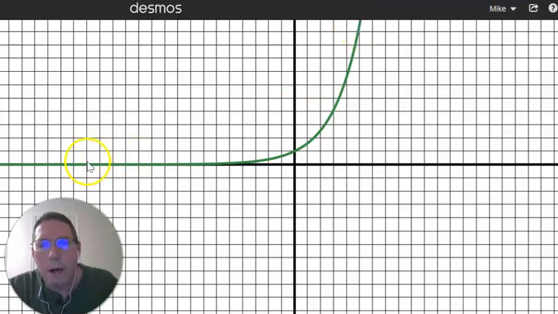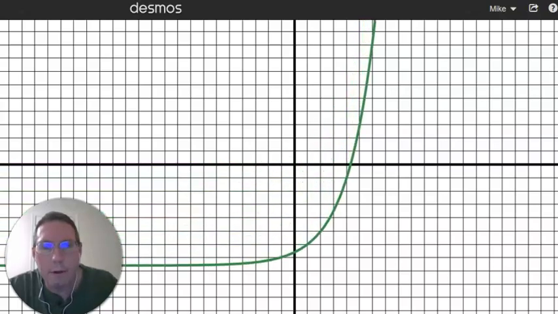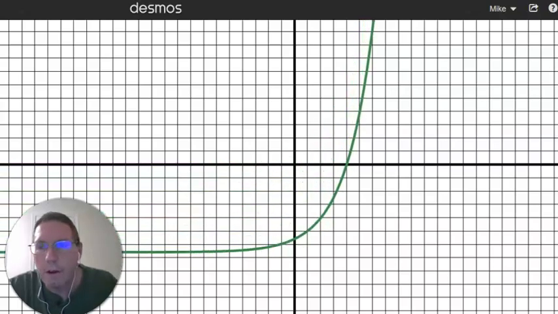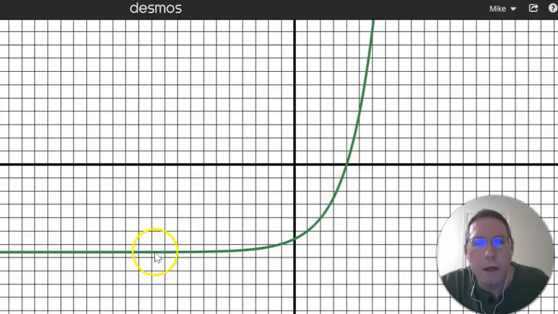And so I can actually make it easier to see this if I bring it down a little bit. Let me move my face over here, okay? And you can see that this exponential function, on the right-hand side, goes up and away, and on the left side, it goes flat. That is very characteristic of an exponential function. They're flat in one direction, and they're steep in the other direction, okay?